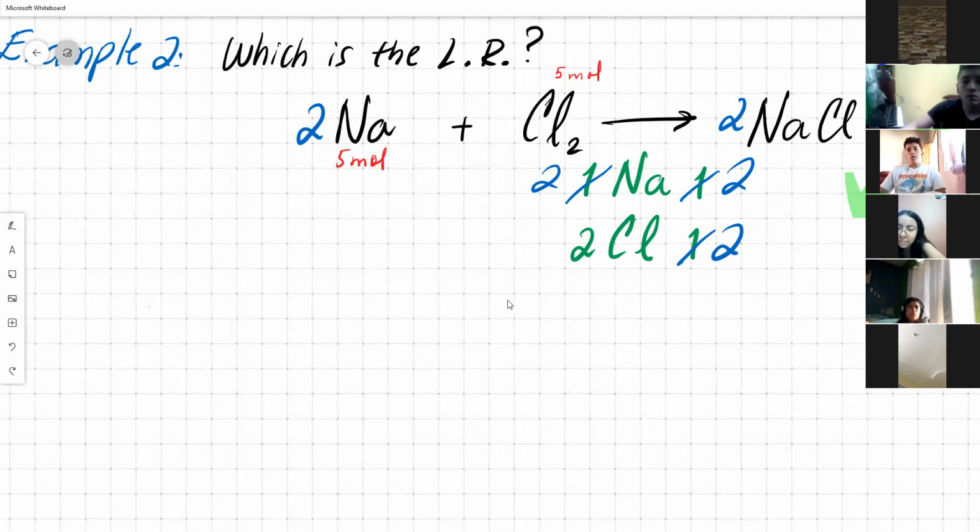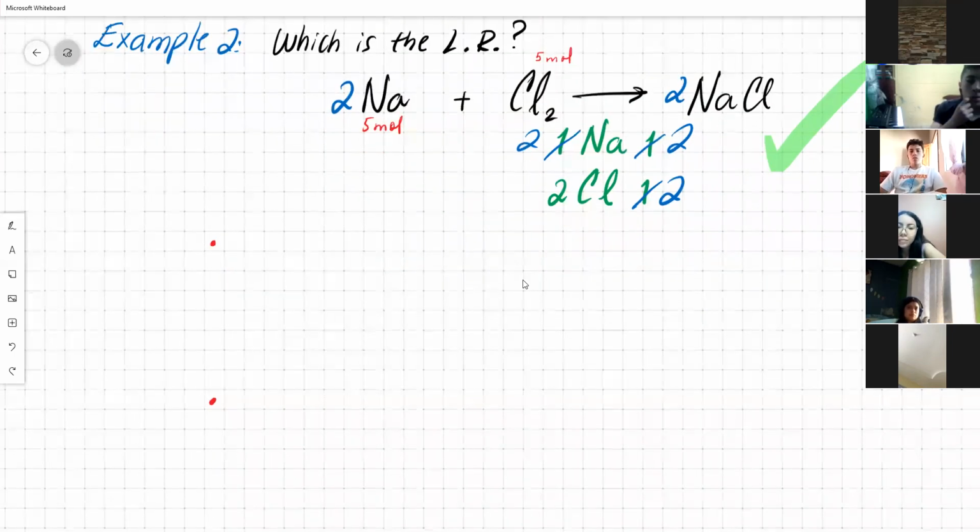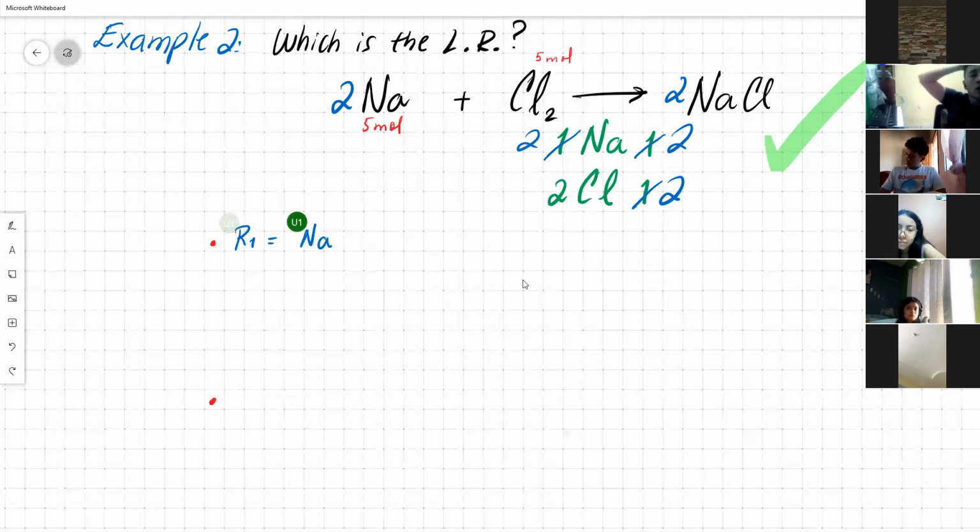You need to work with the reactants separately. So in this part I'm going to work only with reactant 1, which is sodium, and here reactant 2, which is chlorine.